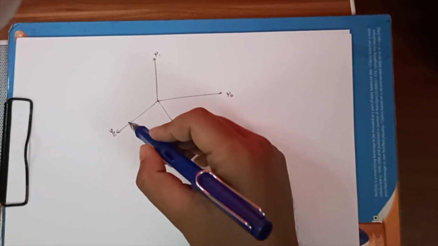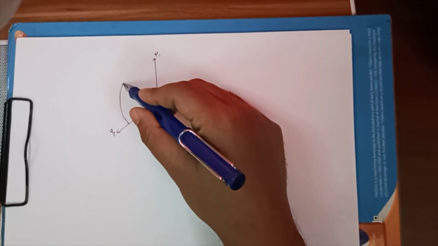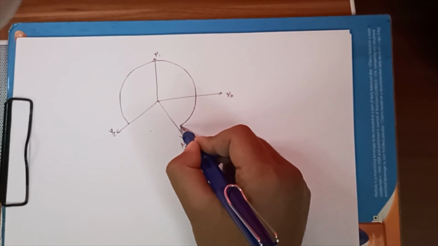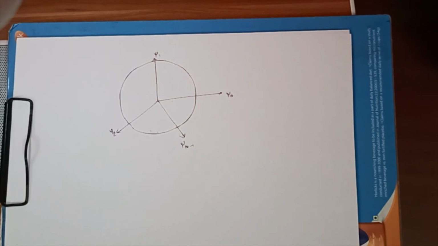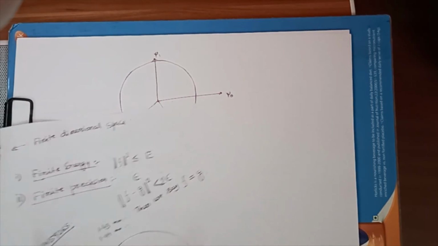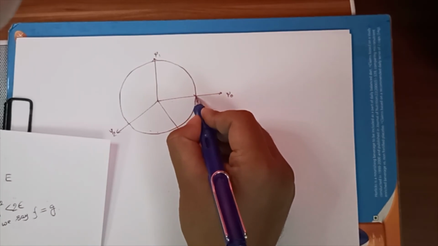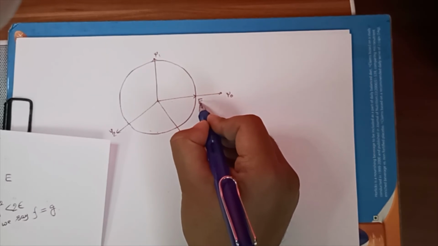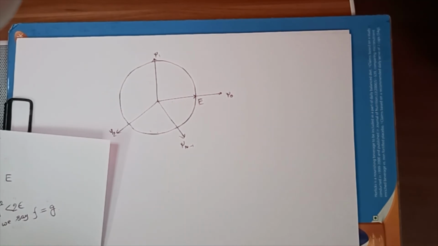In this space, I draw a sphere. Why this sphere? Because this sphere is my space of finite energy. The radius is, say, E.